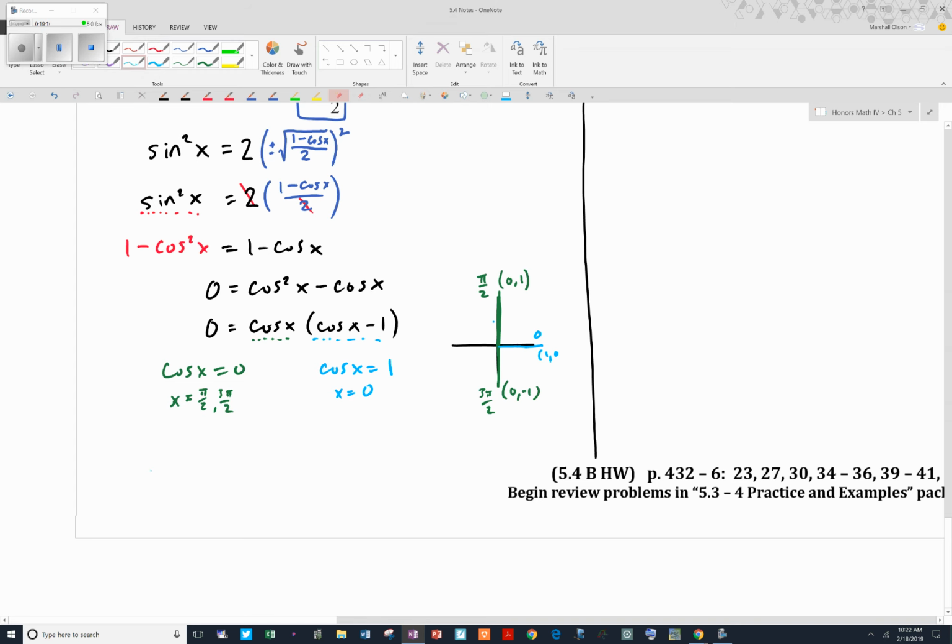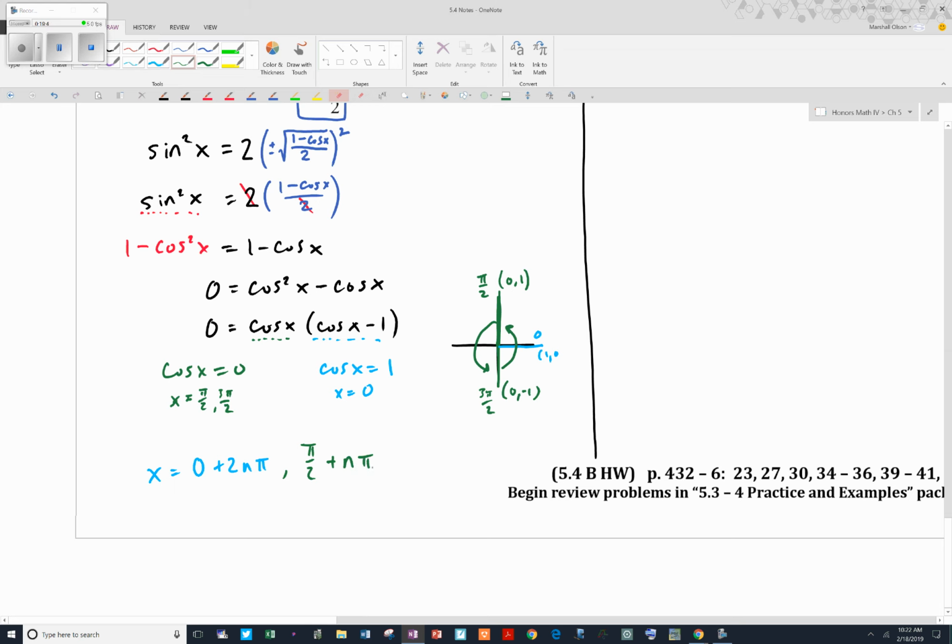We're going to cover all the angles that are coterminal to 0 simply by adding 2n pi to that. But we can find all the y-axis solutions, pi over 2 and 3 pi over 2, by just starting with pi over 2 and then adding multiples of pi.